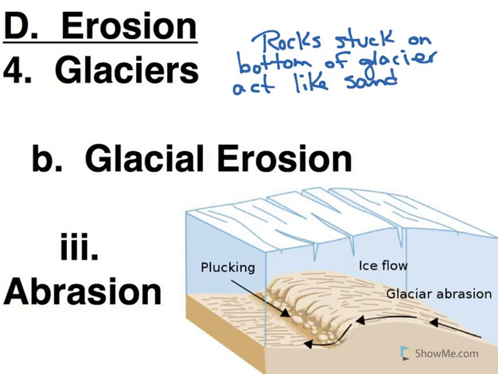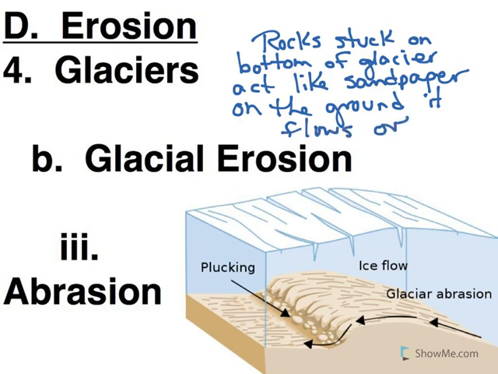It flows over, so it's tearing up the ground underneath it because it's got this layer of rock stuck in the bottom. And so that is just going to keep working away at the ground. And that process is called abrasion.